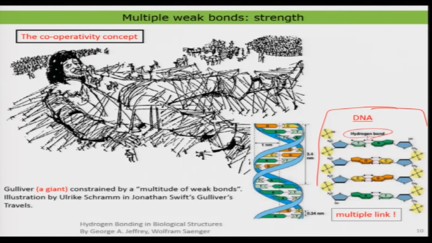But the interesting aspect is that you have many interactions coming together. In a DNA molecule, not just one interaction stabilizes it; you have millions and millions of weak interactions coming together, and then there is strength.